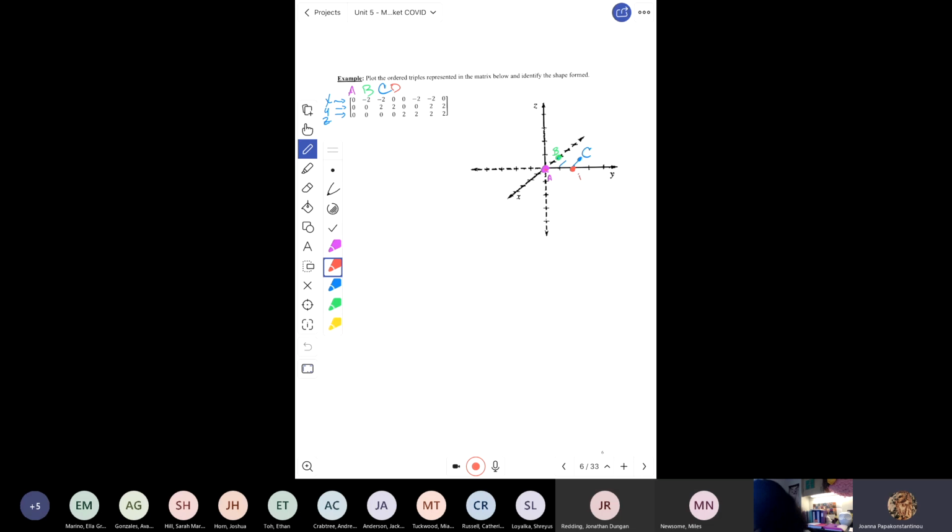Are you with me so far? Okay. And then I have E, which is just on the z-axis. And then let's keep it going. Let's say F. F is -2, not to the right or to the left, but up 2.